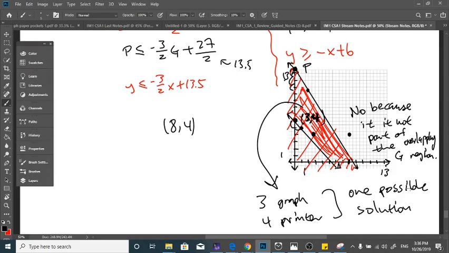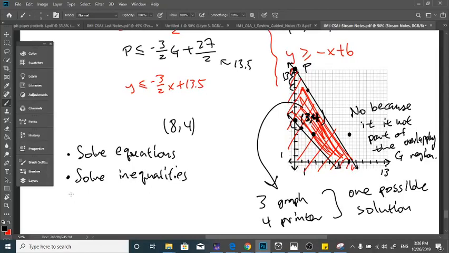So the main things that you're going to need to do: solve equations, solve inequalities, understand and interpret solutions and the problems.